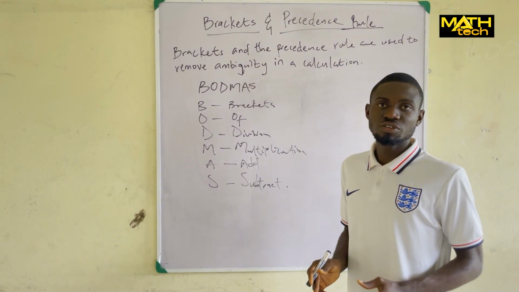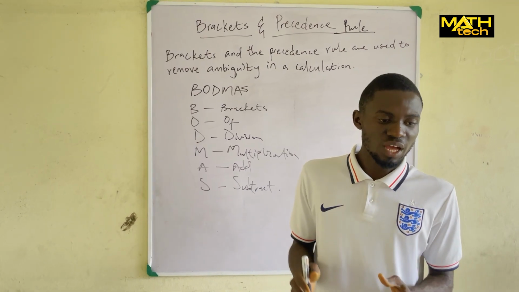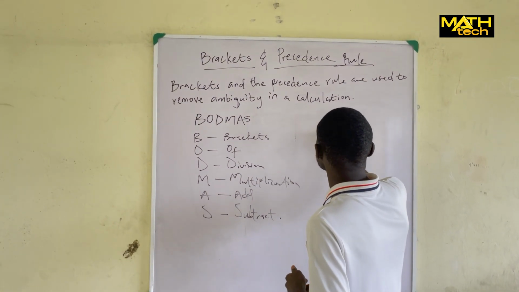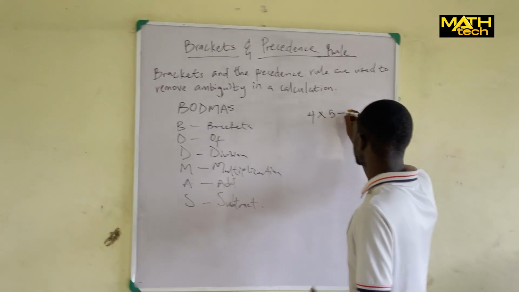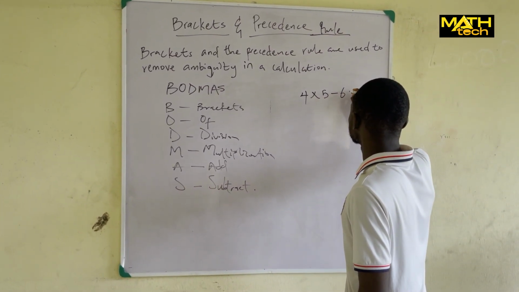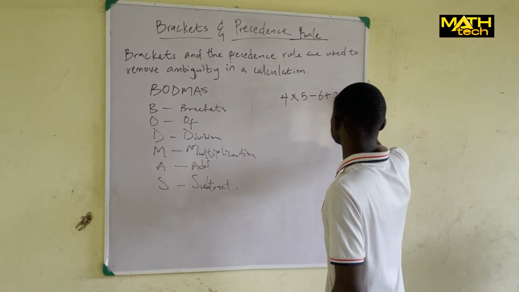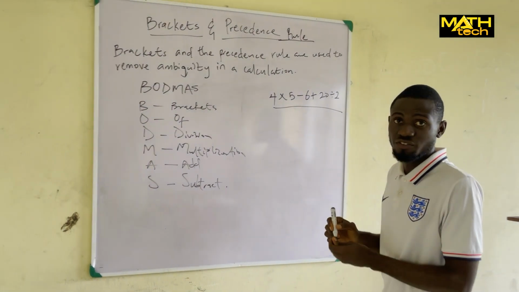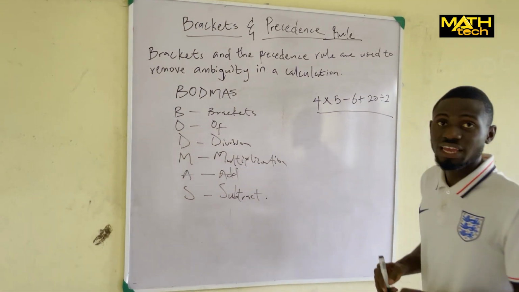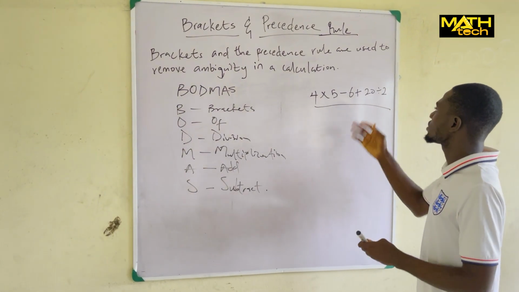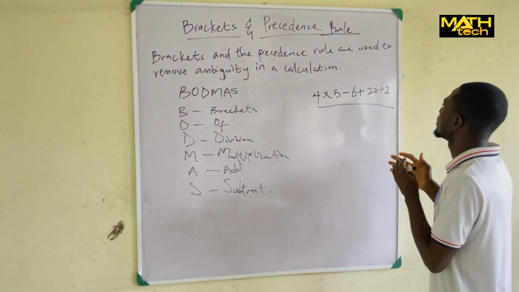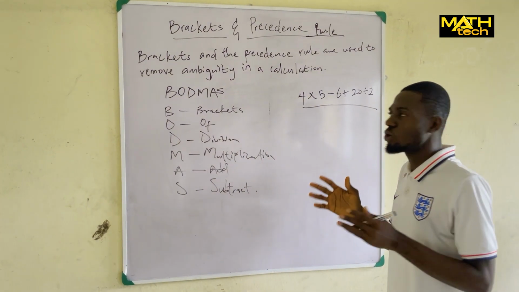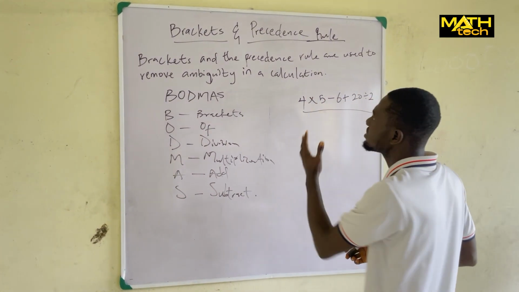Now, in any calculation, let's say, for example, we have been given 4 times 5 minus 6 plus 20 divided by 2. You're given a question like this. The first place your mind should go is the precedence rule.